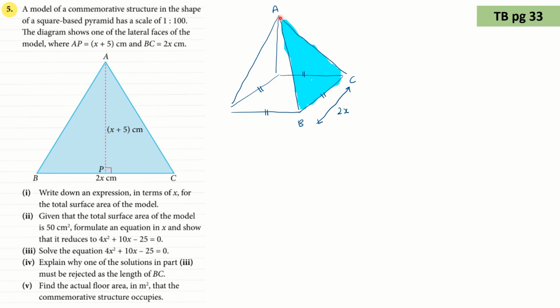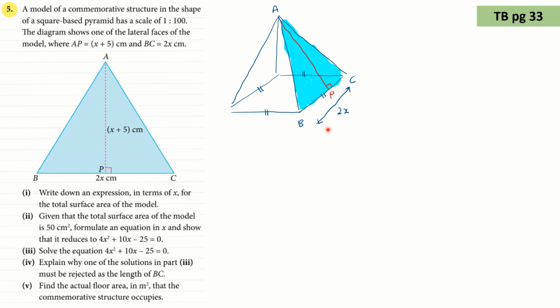And then the length from A all the way to the base BC is actually P. Unfortunately, my diagram seems to make it look like this triangle ABP is not congruent to triangle ACP, but actually it is congruent, just like what is being demonstrated here. So P is actually the midpoint. It divides BC into half.